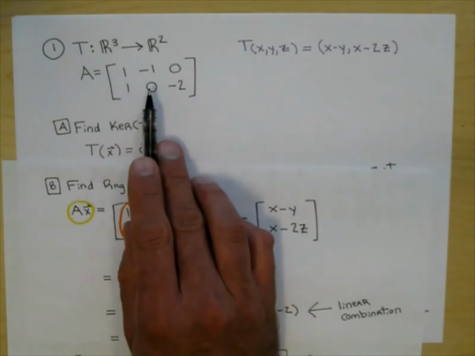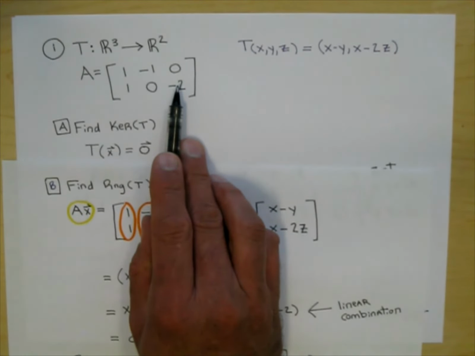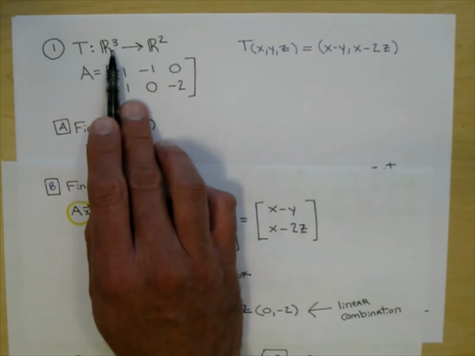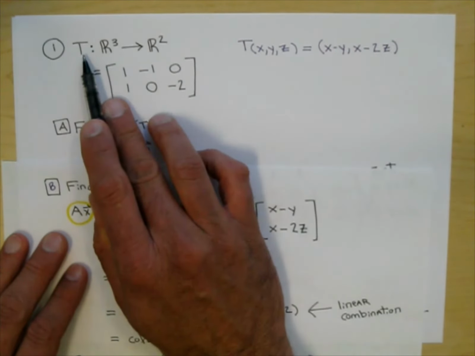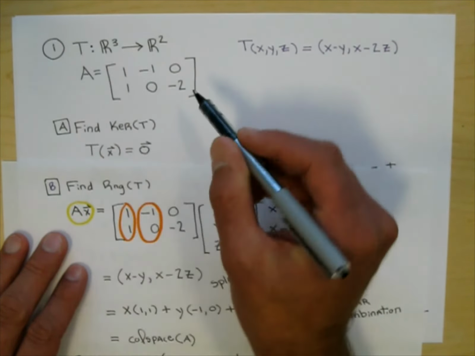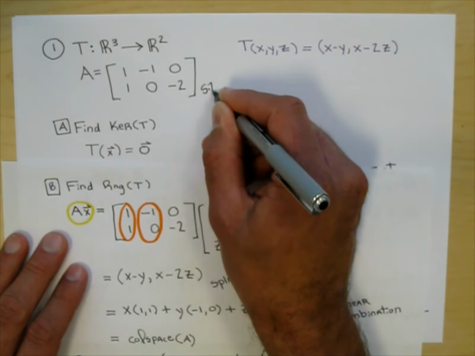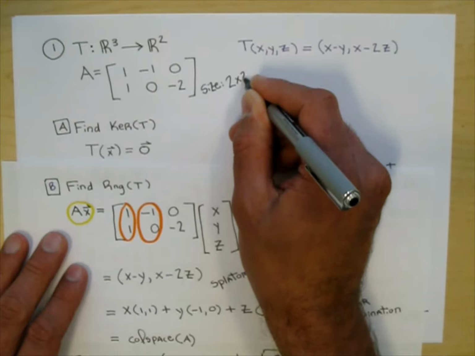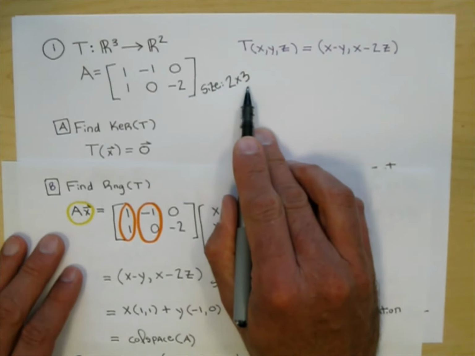The number of columns of your matrix corresponds to R3. So remember, when you're doing a linear transformation from 3 to 2, the size of the matrix is 2 by 3, 3 being the number of columns.